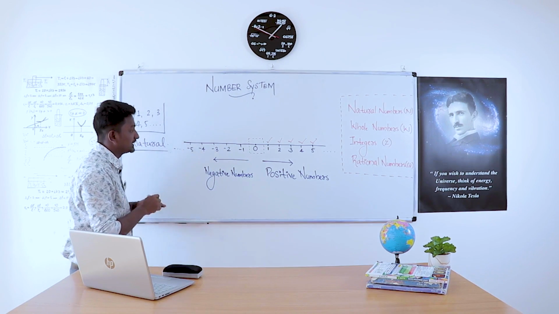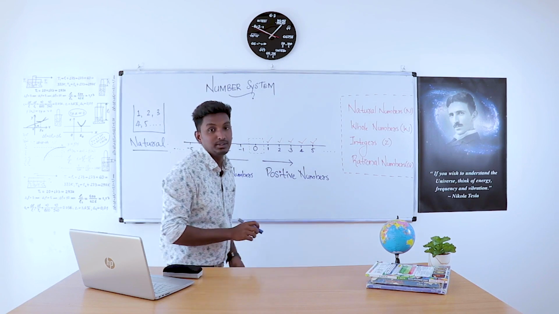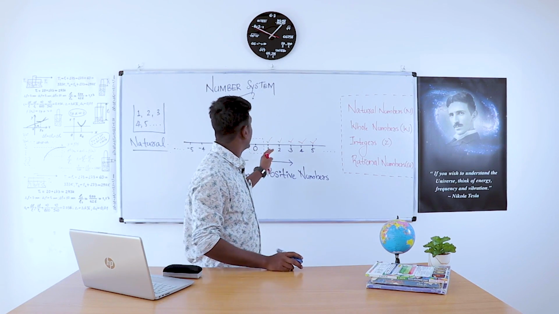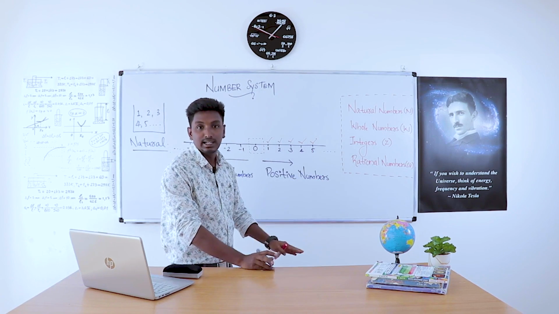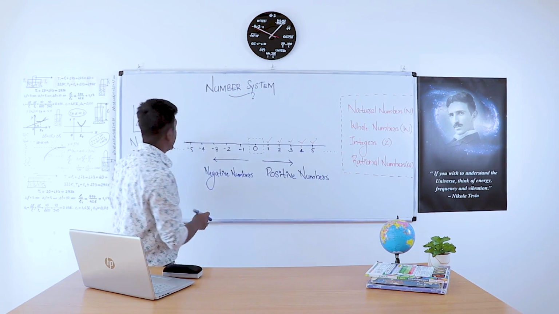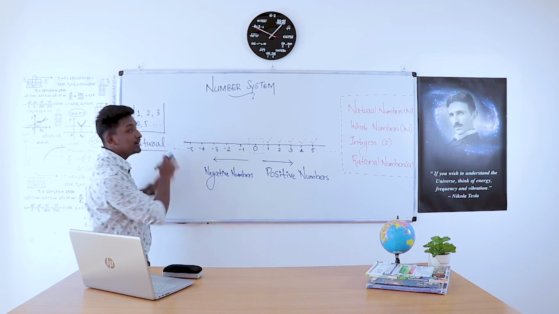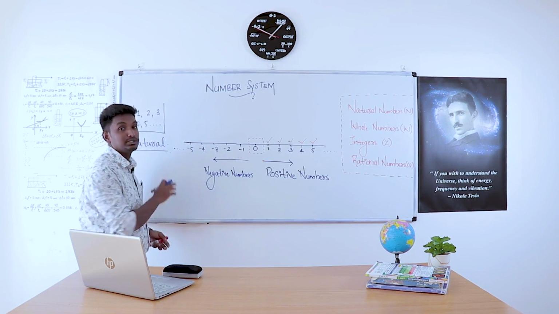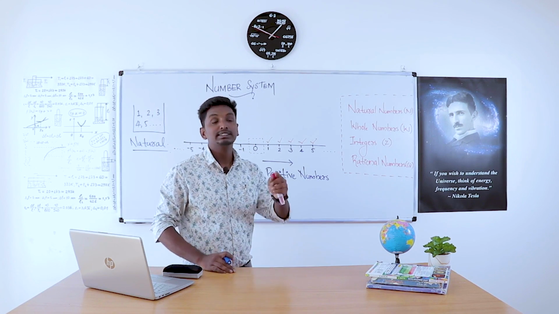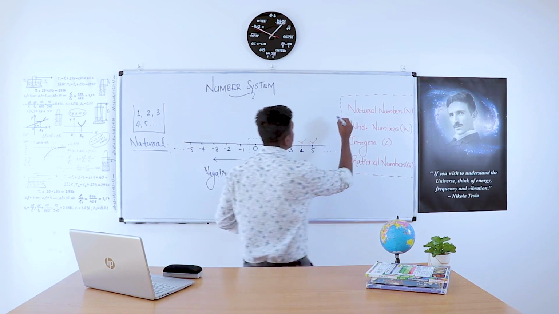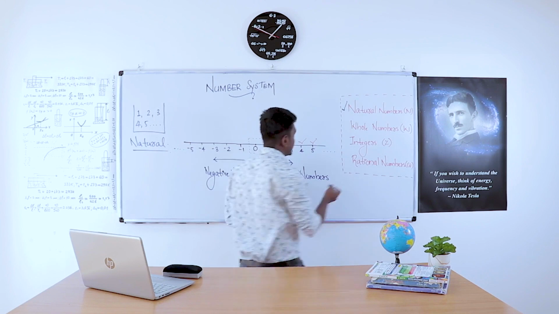When we are going towards the right of 0, we get only positive numbers. From 1, I am picking 1, 2, 3, 4, 5, etc. and putting them together in a bag. Then we can say that this bag consists of natural numbers. This is our first classification, that's called natural numbers.